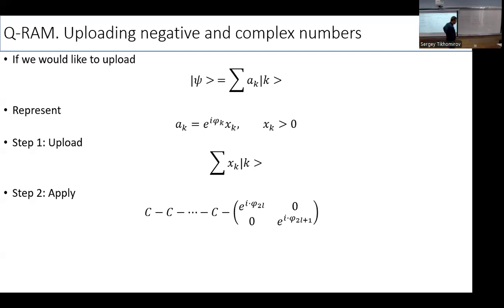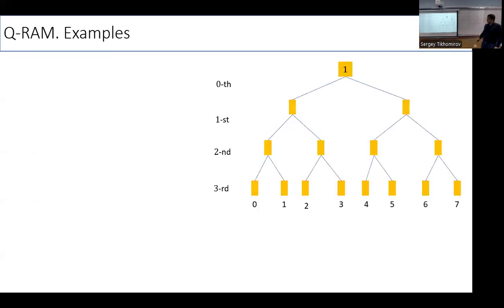So this would mean that it will take a bit more time to upload complex numbers rather than real numbers. So we will get N log N squared.